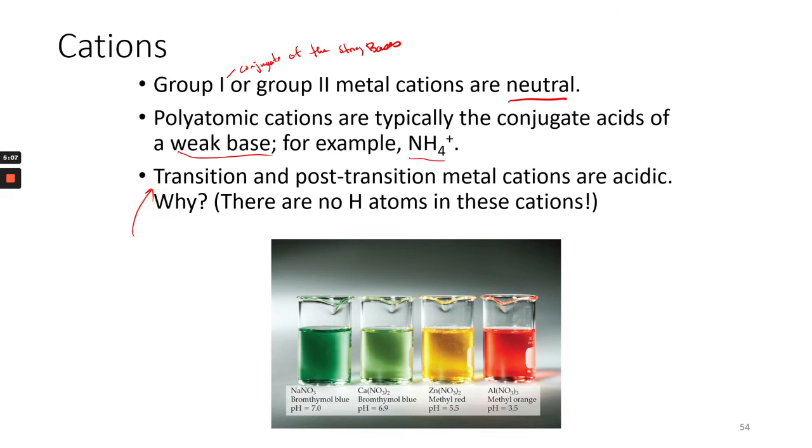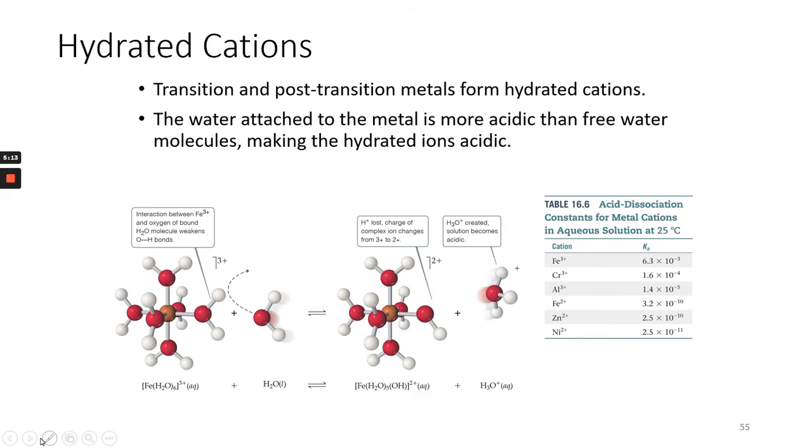So when we're talking about transition metals, what about hydrated cations? Transition and post-transition metals form hydrated cations. The water attached to the metal is more acidic than free water, thus making the hydrated ions acidic. So here we have hydrated iron. It has a bunch of waters attached to it, and these waters react with this tail that's sticking off here, and it makes this bond more polar.